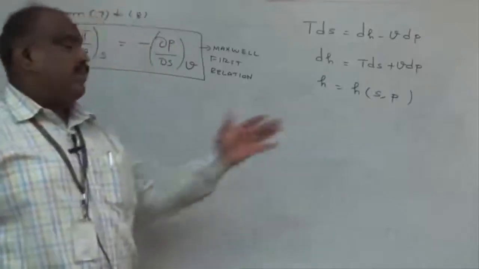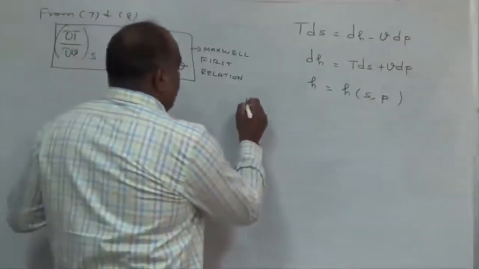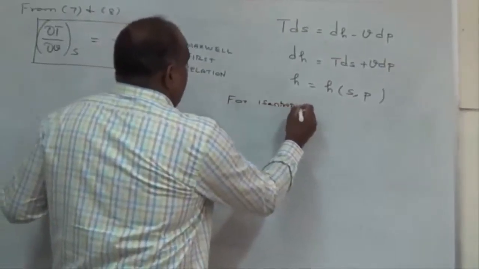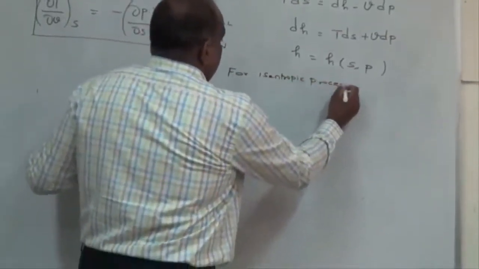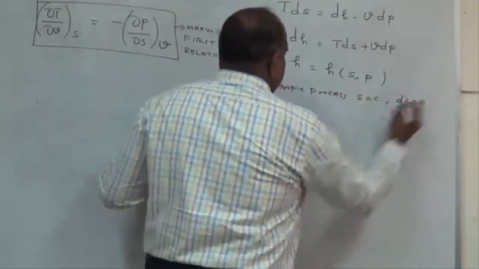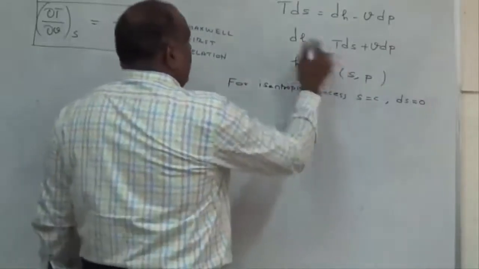I hope I can go a little fast. So first, as usual, for an isentropic process, which means S equal to constant, otherwise dS equal to 0, I am going to apply it here.